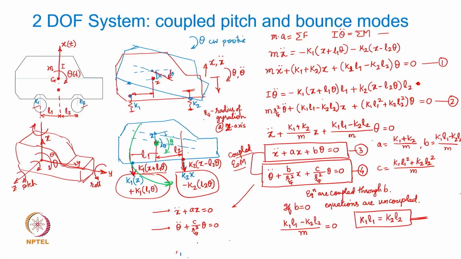Now assume that your CG is located exactly in the center of your span between the two suspensions, symmetrically located between the two springs, and K1 is equal to K2. If L1 is equal to L2, that is, the CG is located in the center between the front and the rear wheel, and the two suspensions are identical, then you have two uncoupled modes.